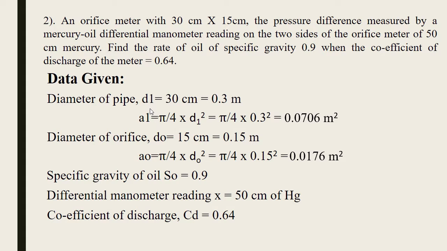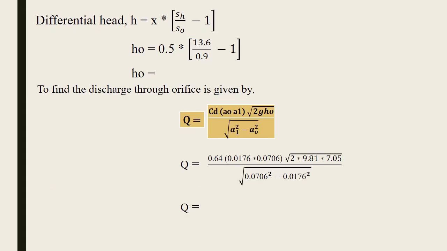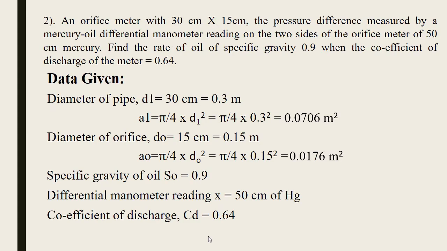One thing you should remember during problem solving for the orifice meter is that whenever it gives the differential manometer reading X, it is in terms of the manometer liquid, which is mercury. So it is 50 centimeter of Hg.